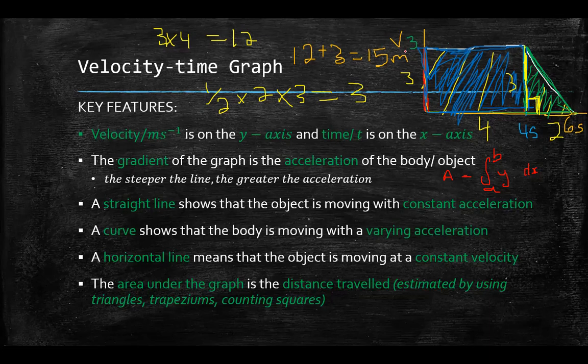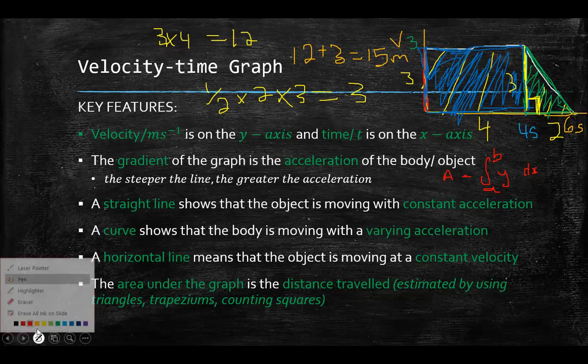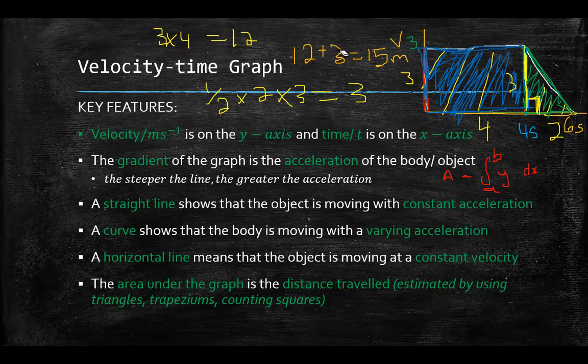So instead of putting meters squared, which is the standard unit for area, they want distance, so the unit is meters in this case. Technically the unit for area is meters squared, so it should be meters squared, but that's not what they're asking for, and that's not what we're trying to find.